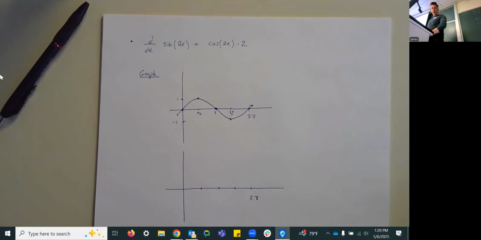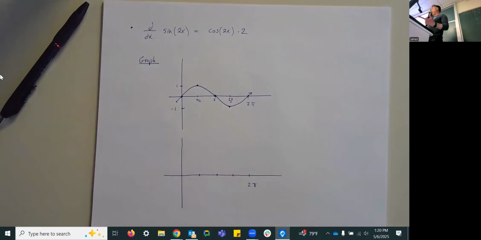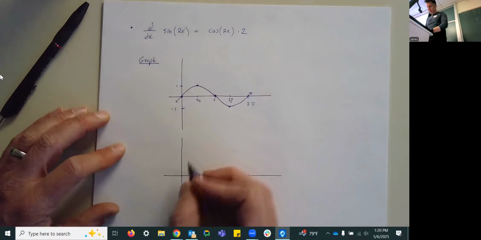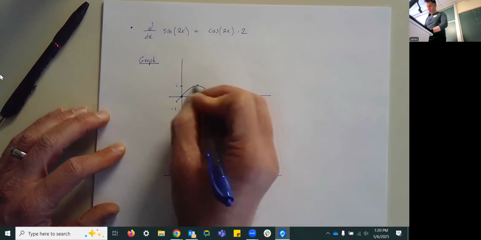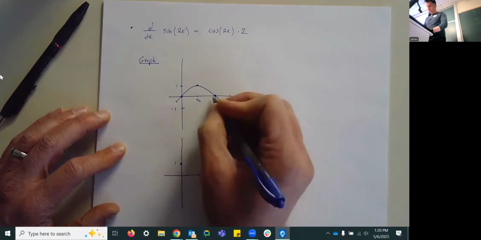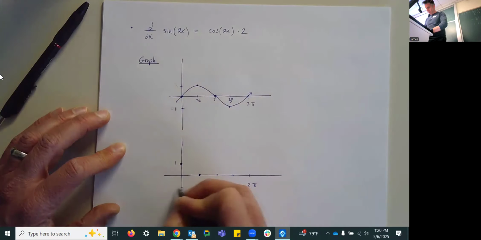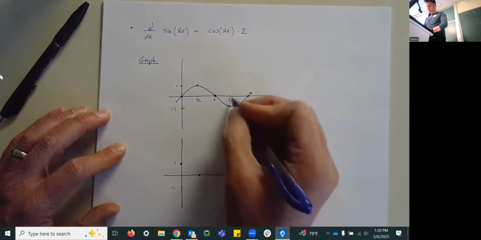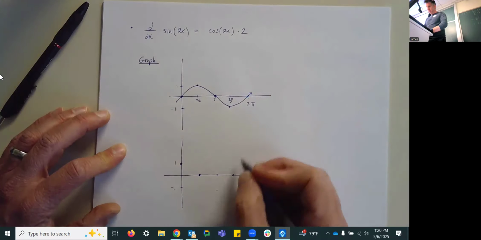And as we saw before, we graph the derivative by finding the slopes of the tangent lines. So the slope of the tangent line at the origin is 1. And the slope of the tangent line at pi over 2 is 0. Slope of the tangent line at pi is negative 1. Slope of the tangent line at 3 pi over 2 is 0. And the slope of the tangent line at 2 pi is back to 1.